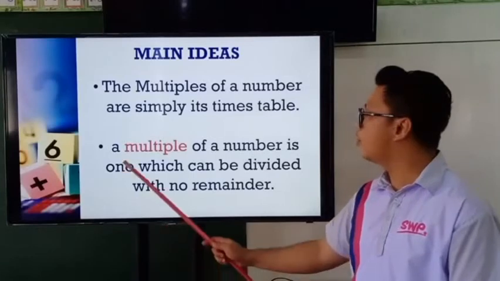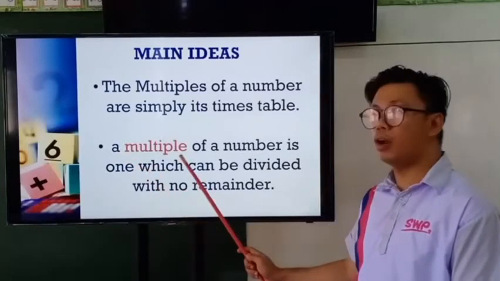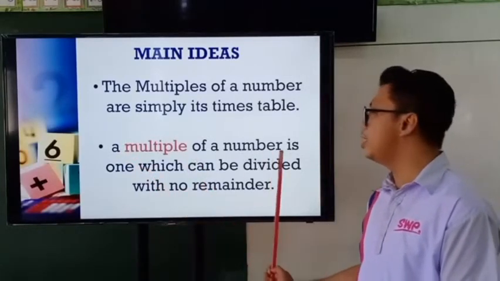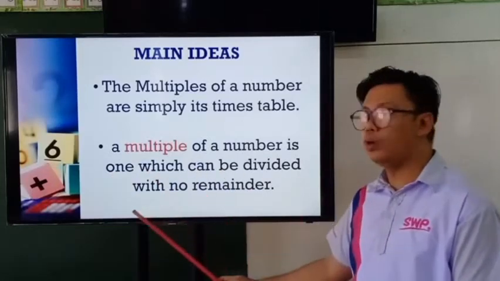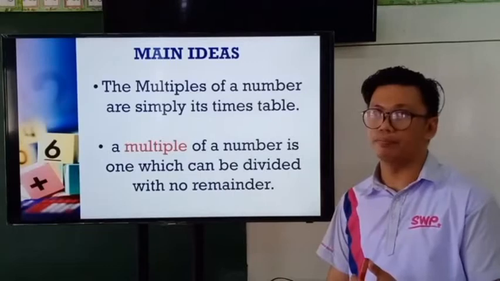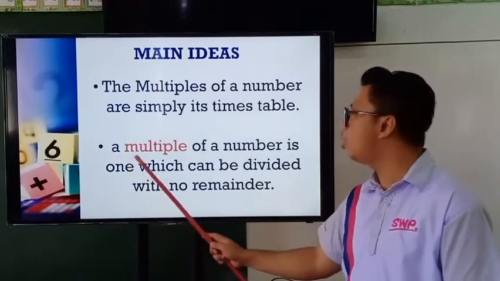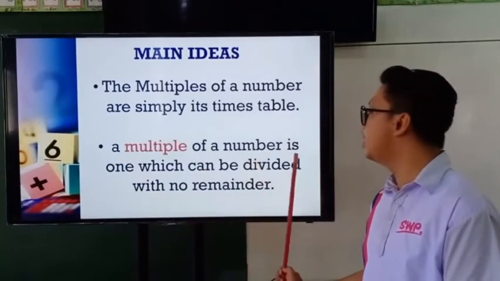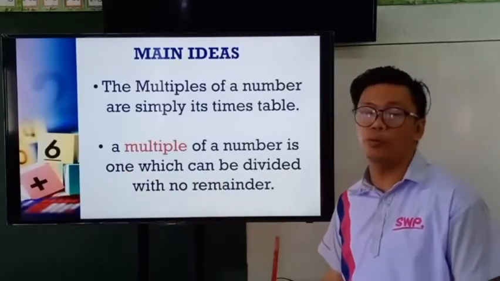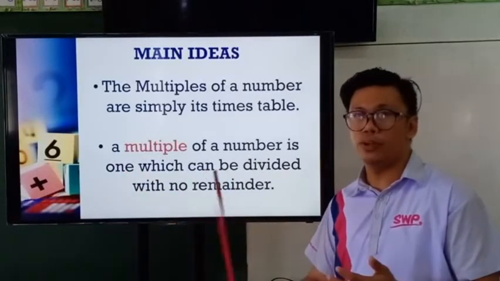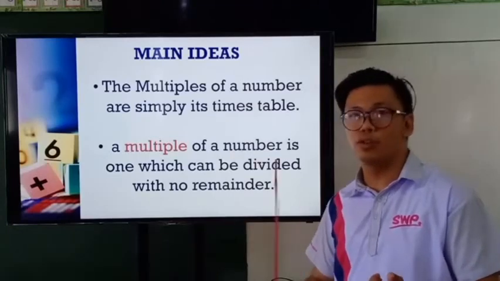And we also have: a multiple of a number is one which can be divided with no remainder. Again, a multiple of a number is one which can be divided with no remainder. It means if we divide a number, there is no remainder.